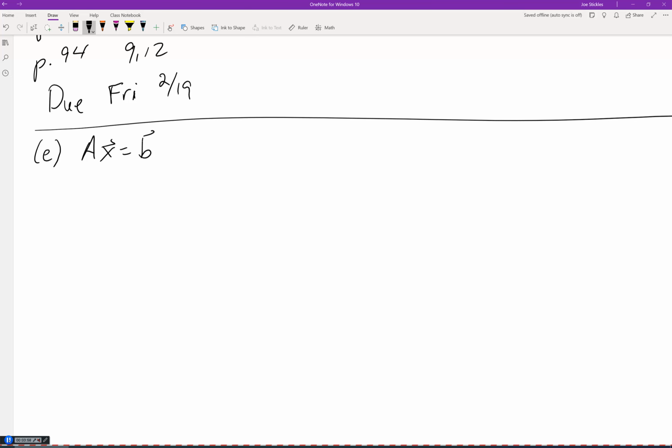This would be, say we had any matrix B that we wanted. This is going to be consistent for any matrix B that we want, as long as it has the right size. Now, before I write the next one down, let's just think about why this one might be true.